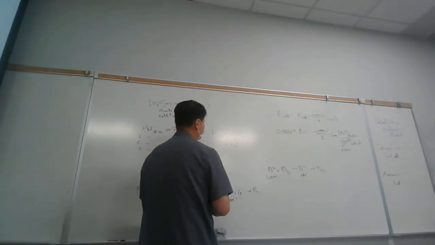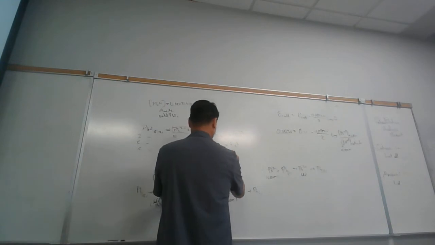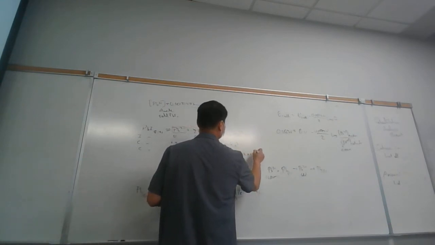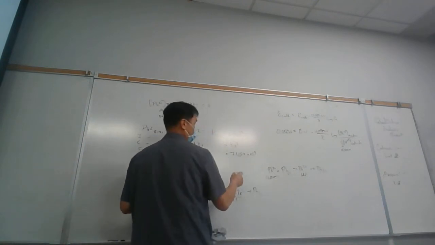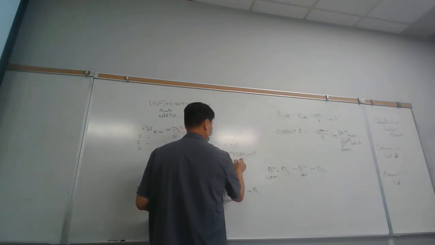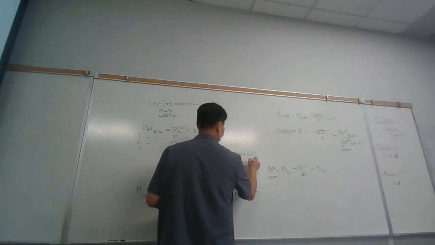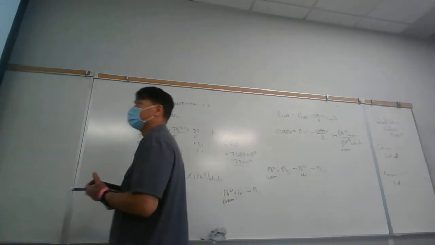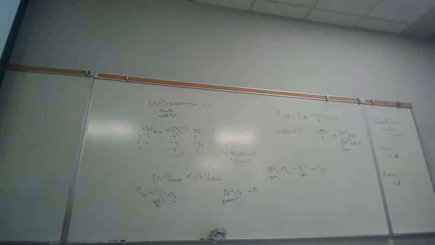And I get a KSP equal to 7.1687 times 10 to the minus 9, and probably about 2 sig figs or so. So 7.2 times 10 to the minus 9.